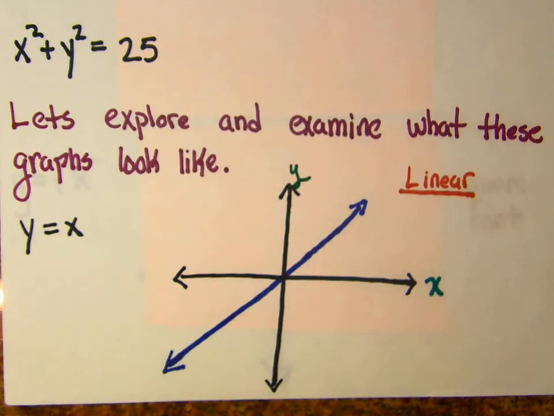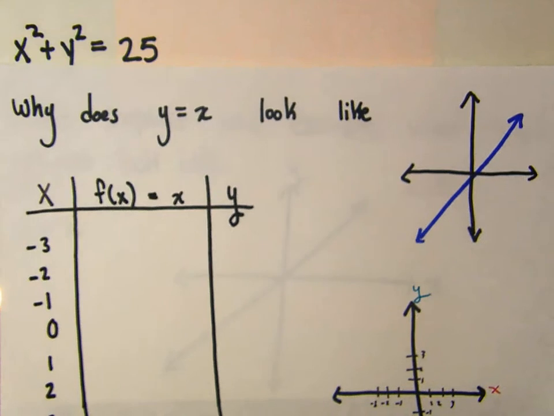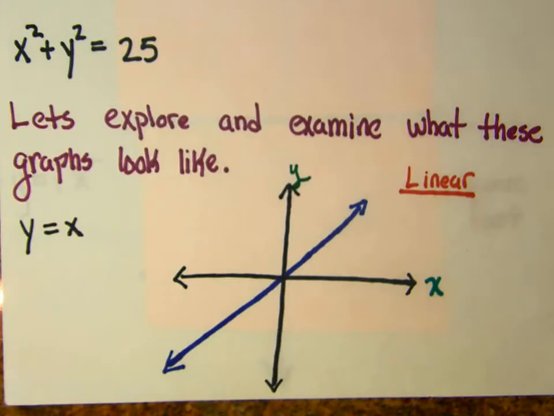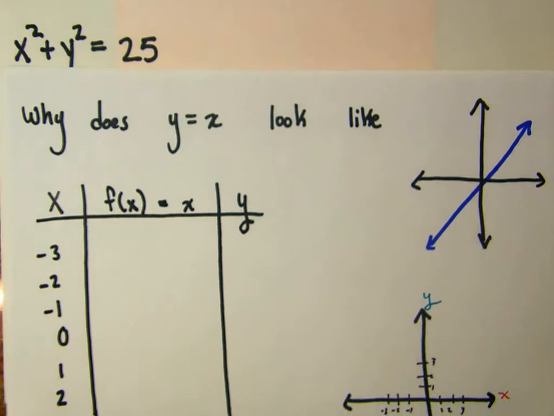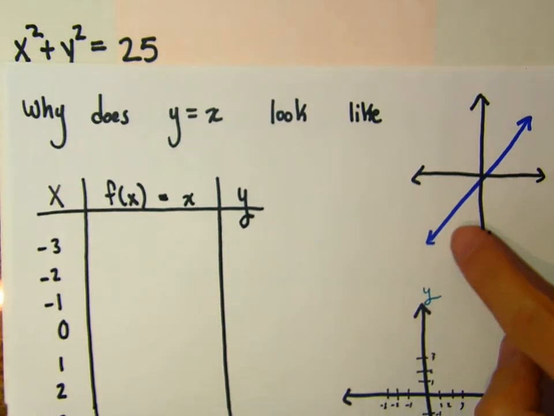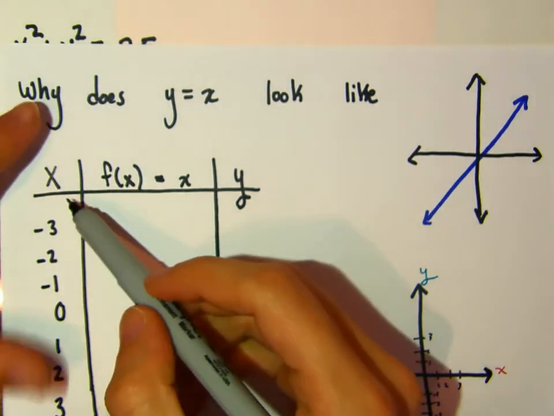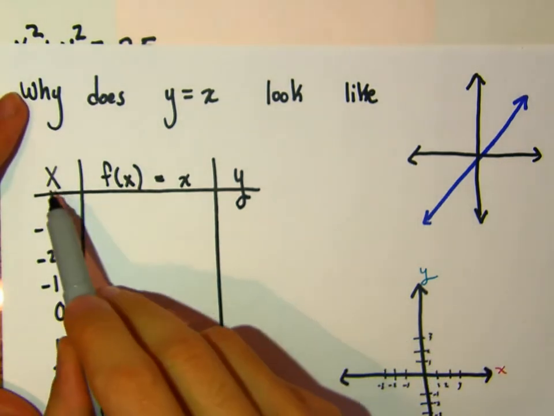And the question we should always ask ourselves is why? Why does y equals x look like a graph like this? The idea is we're just plugging in values. So let's say we have our x values and we want to plug them into the function.